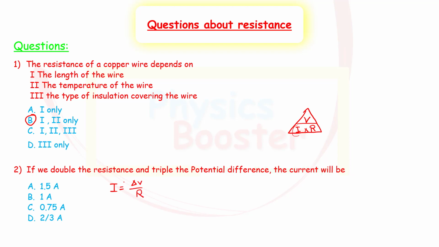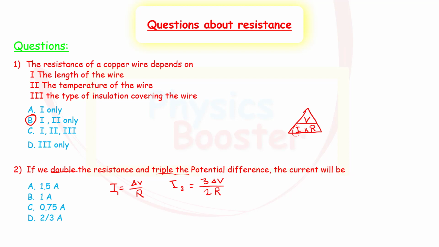Now we know that the resistance is doubled and we triple the potential difference. So let's call this I1. Now I2 is when we change the potential difference and the resistance: we double the resistance and we triple the potential difference. So we can say that it is 3 multiplied by delta V divided by 2 multiplied by R, because we doubled the resistance, right?